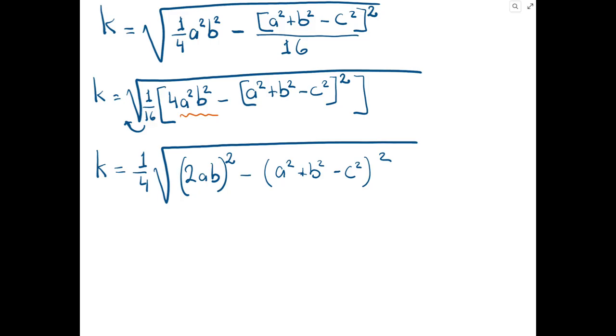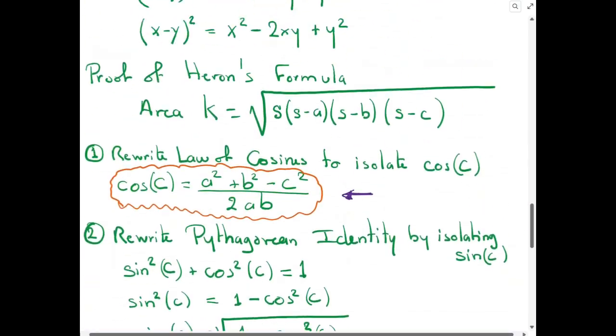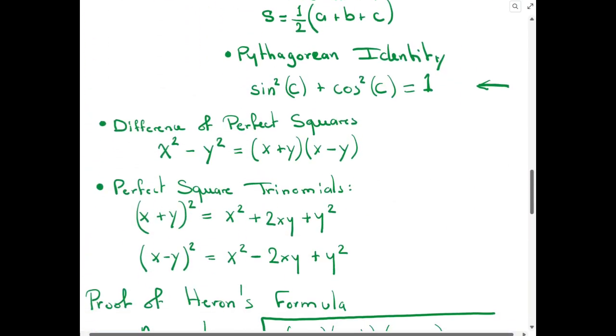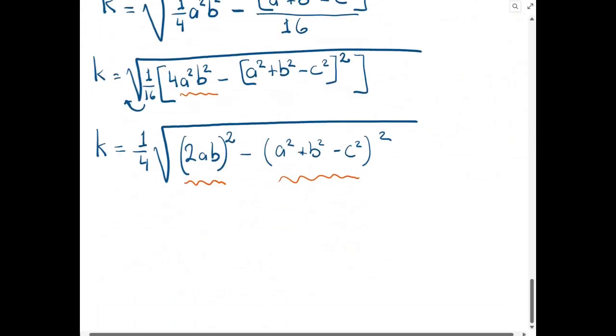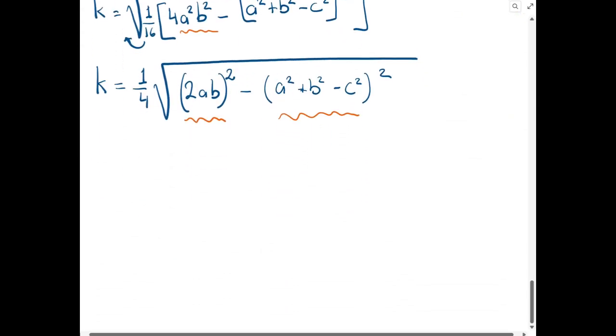Because now I have something squared minus something squared, and that, ladies and gentlemen, is my difference of perfect squares right there. Something squared minus something squared can factor into the conjugates, and so that's what I'm going to do now. So I'm going to factor that into two conjugates.